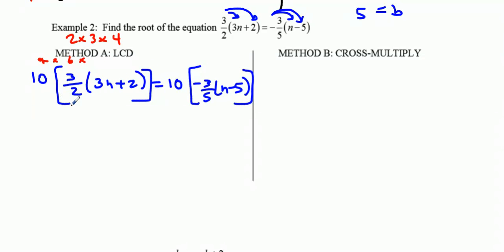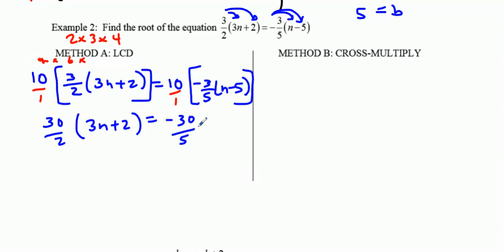So 10 times 3, that's just going to be 30. This is like over 1 again, remember? 10 over 1. So if I'm multiplying these two fractions, I end up with 30 over 2. And then I'm multiplying this by 3n plus 2. Over here, I'm ending up with negative 30 when I multiply tops by tops, over 5.